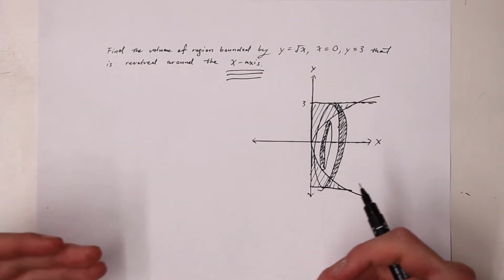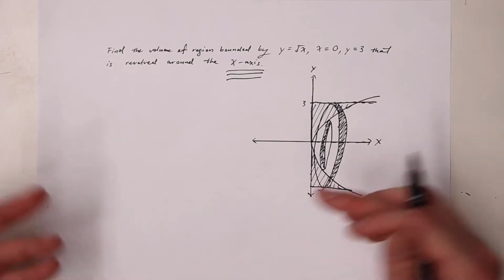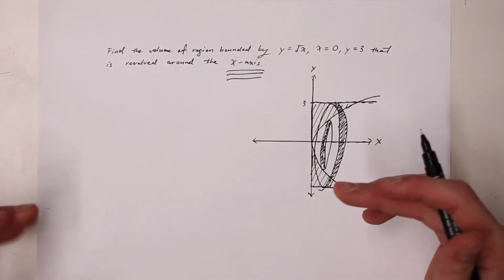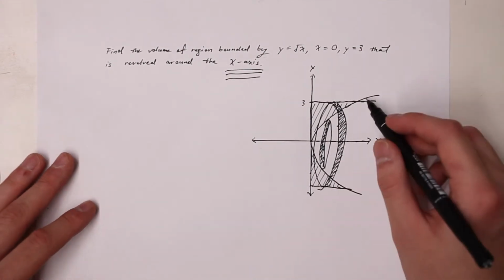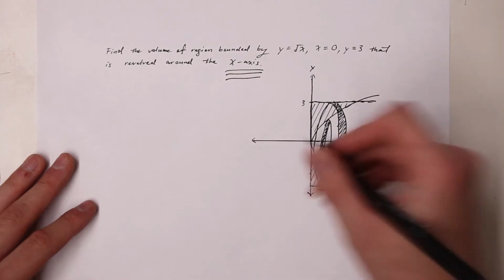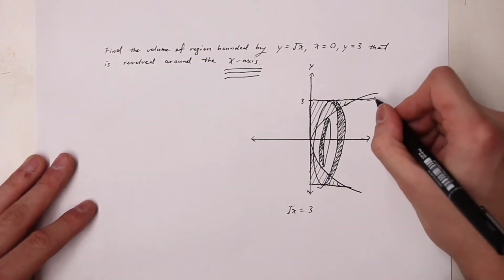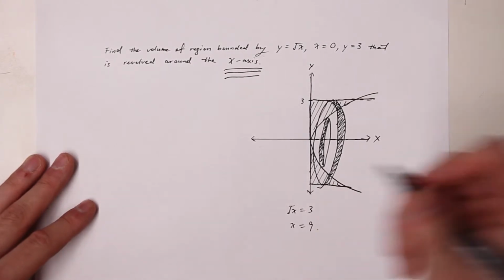Because this is almost like a sphere or a disc, obviously it's pi times some sort of radius squared. And the limits are from 0 to 9 because you can solve for it. If root x equals 3, which is this point right here, then x has to equal 9. So now you know the limits.